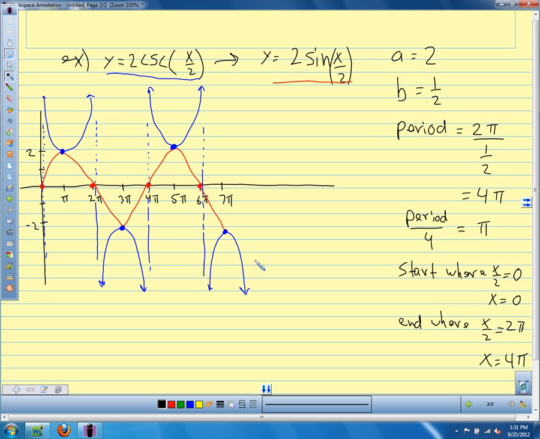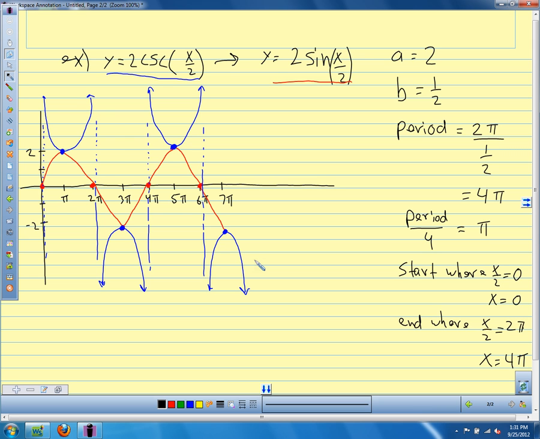Questions on that? So we've already learned the hard part. We've already learned about graphing sines and cosines. That's 3/4 of graphing cosecant and secant functions. And we just have to sketch in our asymptotes and draw a point for our maximum, minimum, and connect our graphs between the asymptotes.